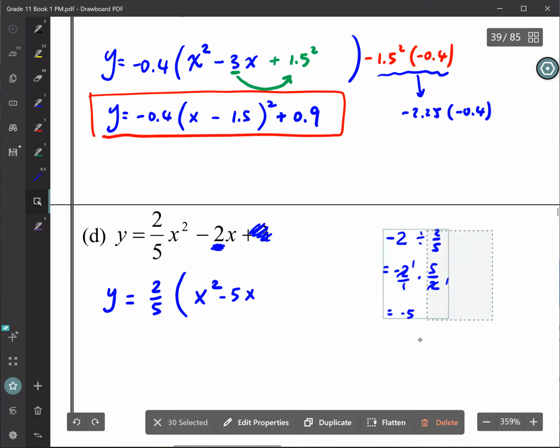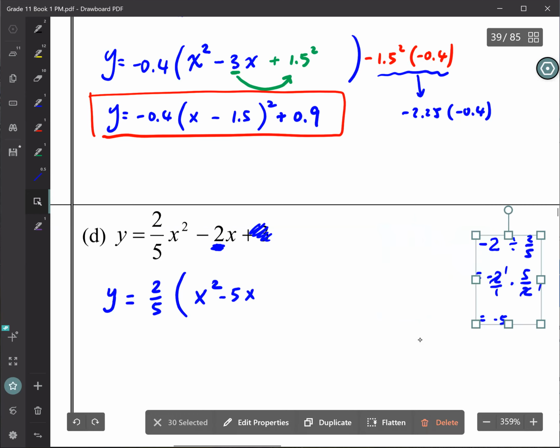Okay, so what should we do next after the -5x? Plus 2.5 squared. Yeah, 2.5 squared. We'll keep it in fractions, so 5/2 squared.